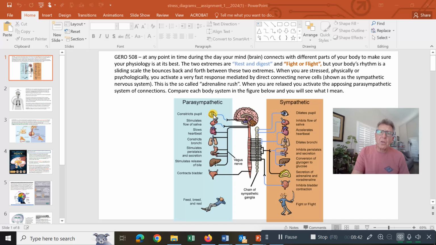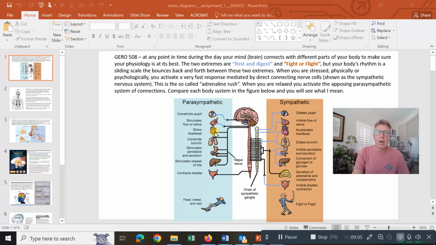So right here, the acetylcholine gets released onto the eye, and my pupils contract. Then my eyes become weary, less information coming in, okay? I'm gonna stimulate the release of saliva now, okay? It's costly over here, so I shut it off, but here I'm gonna stimulate the release, get me going in terms of being able to digest food, all right?